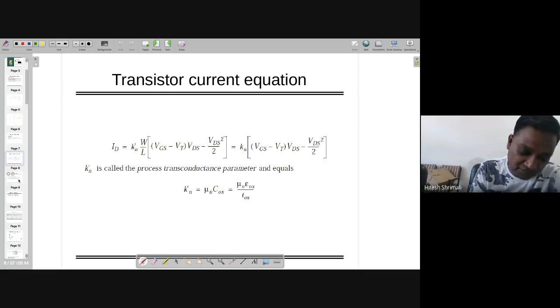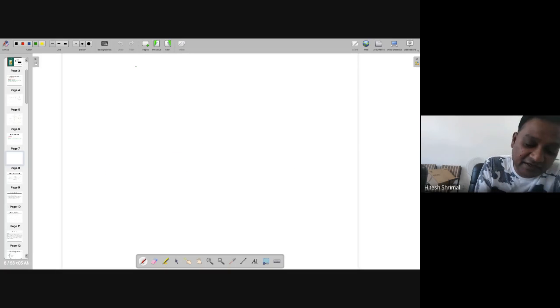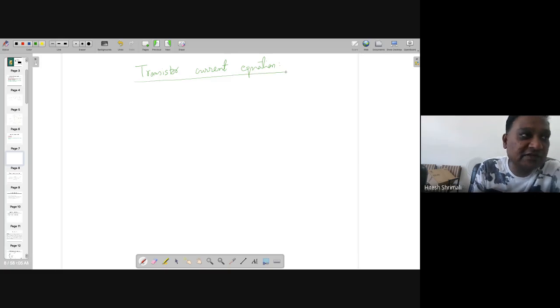Let's go to one more thing. The most important part is that you need to know the transistor current equation. Many people must know that, and I am not going into the derivation of the transistor current equation. There are various courses on which this course depends. One is that you should know this current equation.